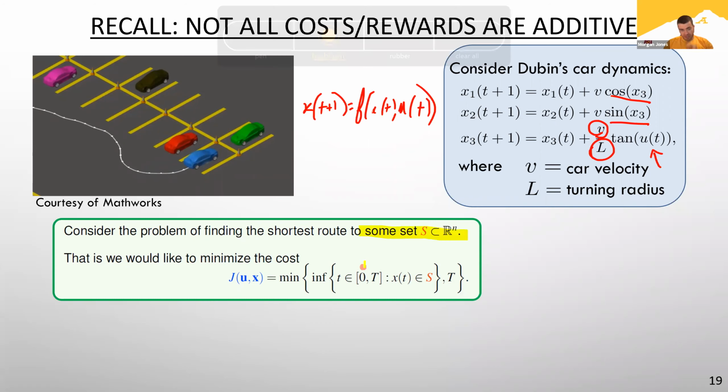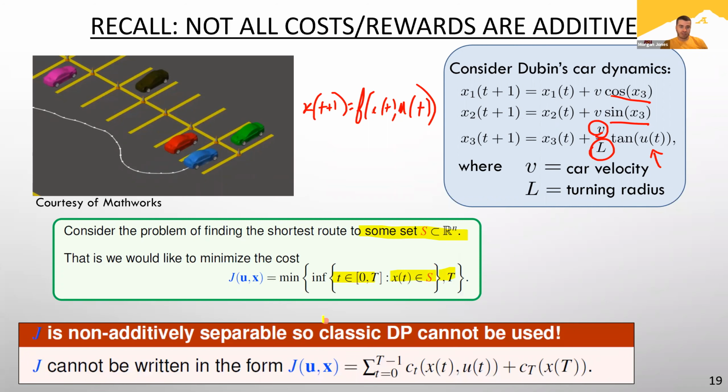So this would be the same as minimizing an objective function, which is the first time the state enters the state S, with some cutoff of the terminal time. So this objective function does not seem to be of this additively separable structure. For general dynamics, it doesn't seem to be of this additively separable structure that we can use classical dynamic programming for.